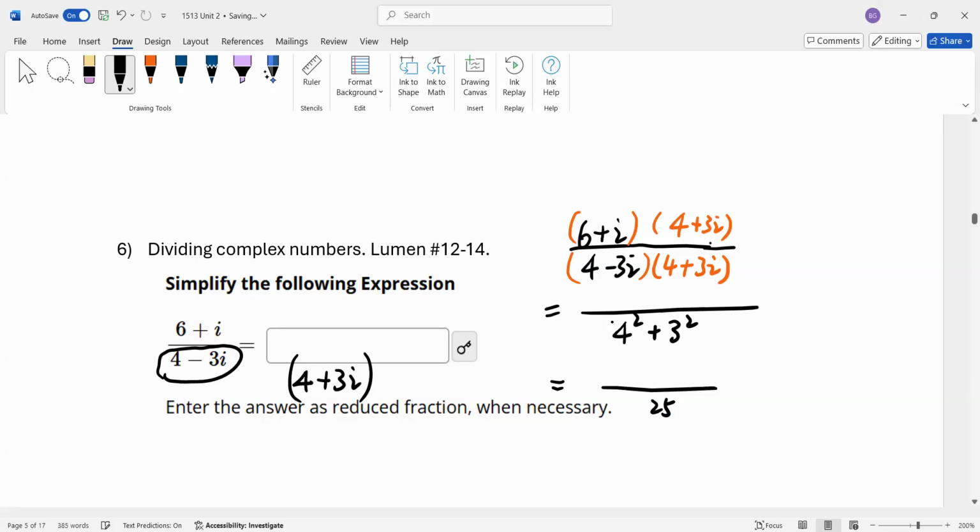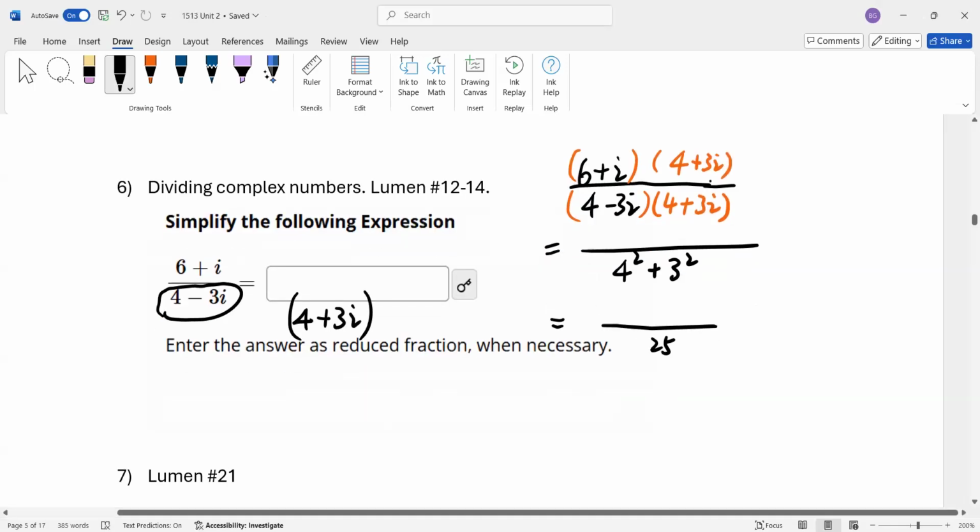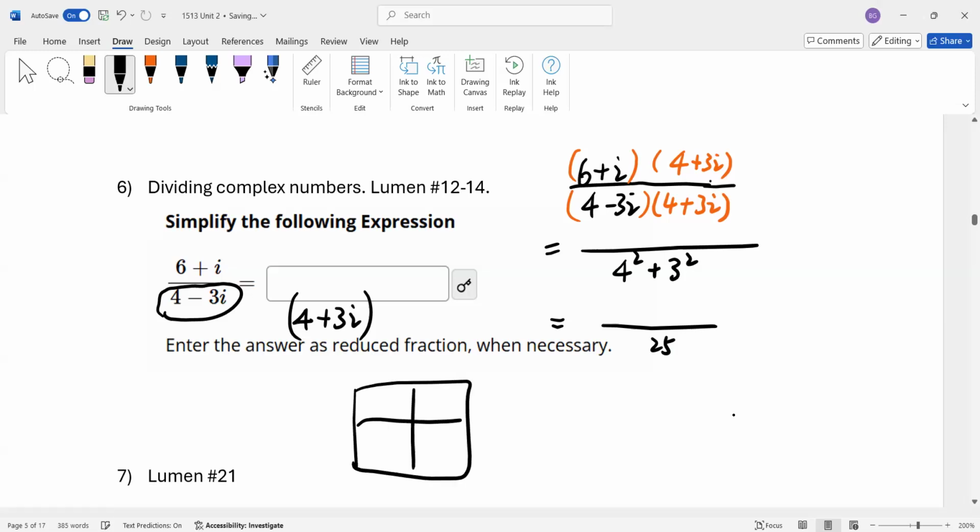Numerator is 6 plus i times 4 plus 3i. We don't have a formula to use, so let me use the box method quickly. 4 times 6, 24. 3 times 6, 18i. 4i. 3i squared, because i squared is negative 1, negative 3.